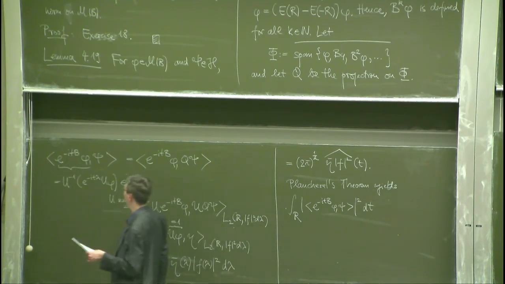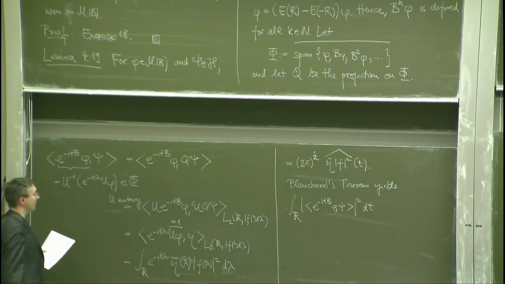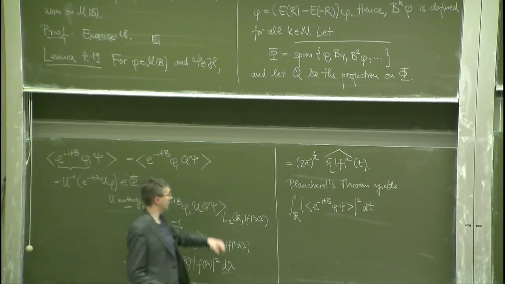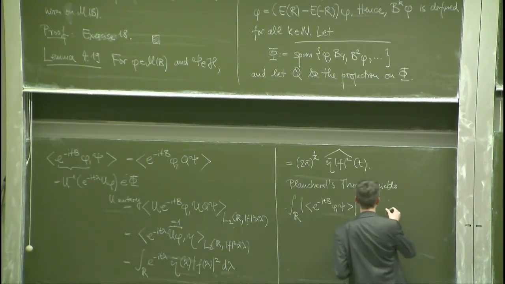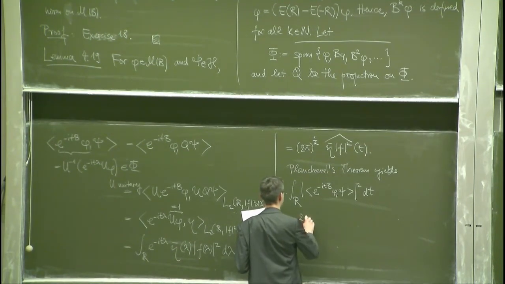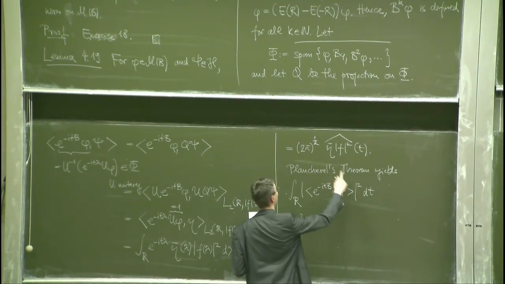So now we integrate the absolute value to the power of 2 of this object here, which is this Fourier transform. Then we see that this is nothing but 2 pi, because we take it here to the power of 2.